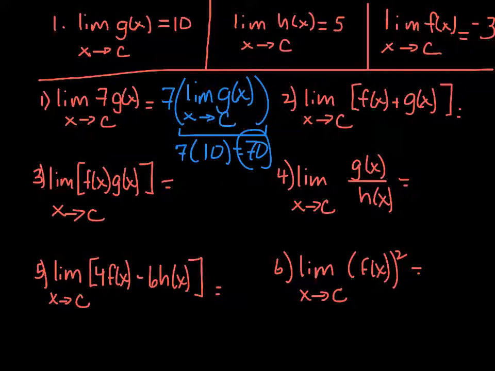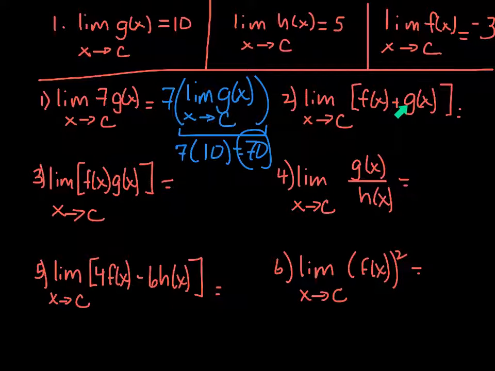All right, so let's look at the second one. Number 2 says the limit as x approaches c of f of x plus g of x. Go to the top of page 14 and look at, in the box, number 2. That's exactly what you're seeing on your paper, or I'll point right here on the video. Now go to the right of the equal sign, and what it's saying is you can break these two up into 2 separate limits.